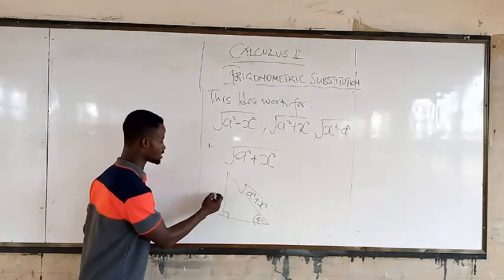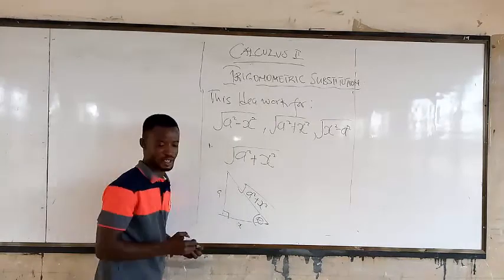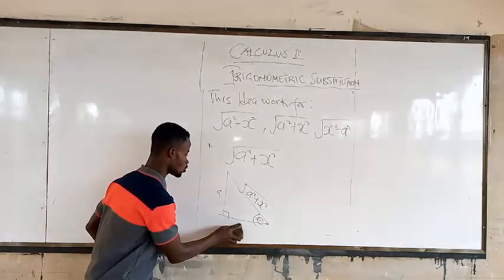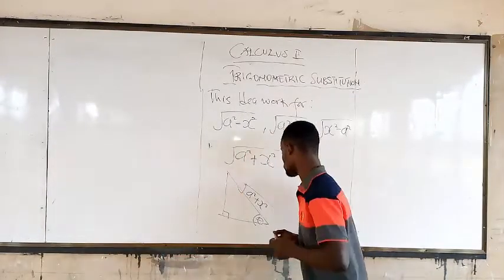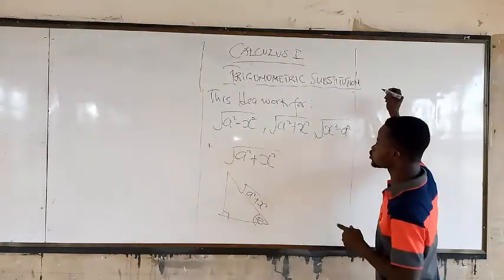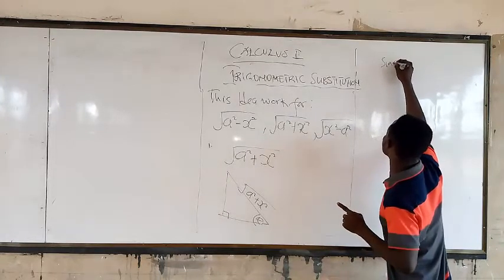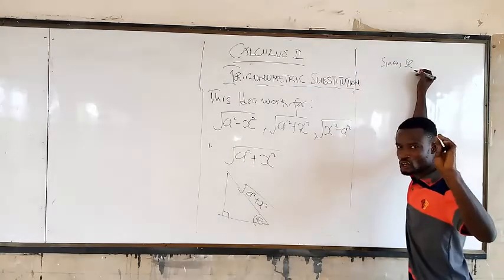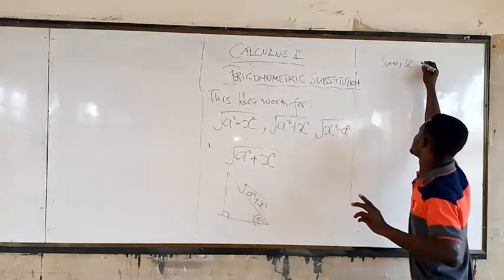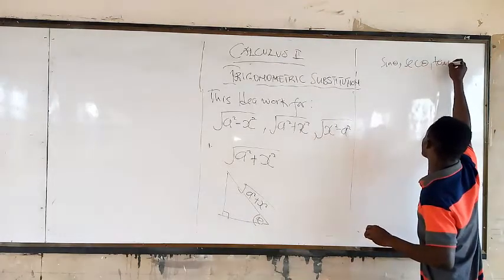You don't just write A and you don't just write X, but we are going to think of it in this way. Watch. We are going to use sine theta, sec theta and tan theta.